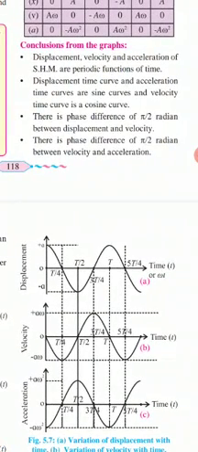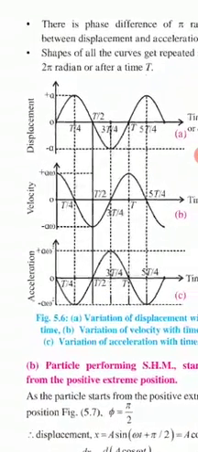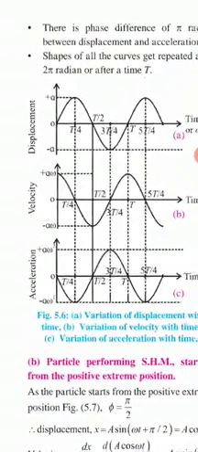So these are the conclusions. Again, there is a phase difference of pi by 2 radian between displacement and velocity. Now see, displacement and velocity. If you see these two points, displacement starts from the mean position and velocity starts from the extreme position. So what is the angle between them? That will be pi by 2. So the phase difference between them is pi by 2.